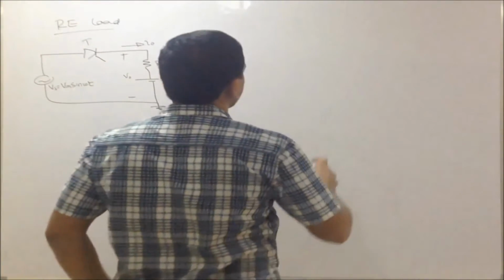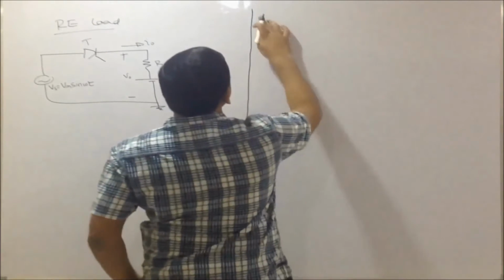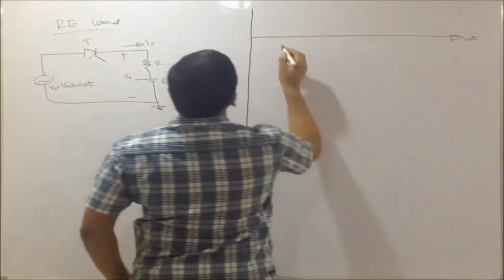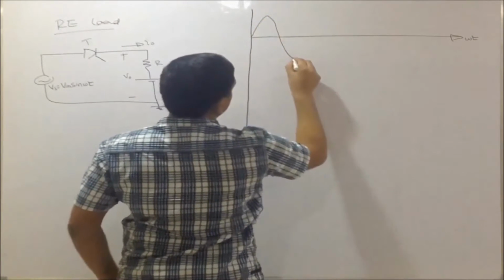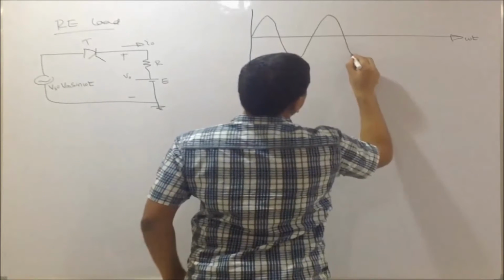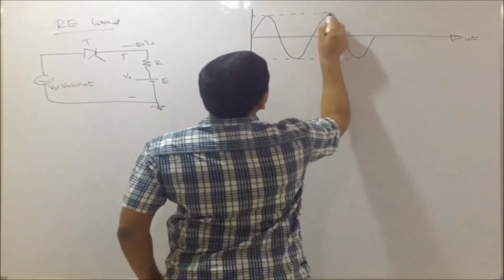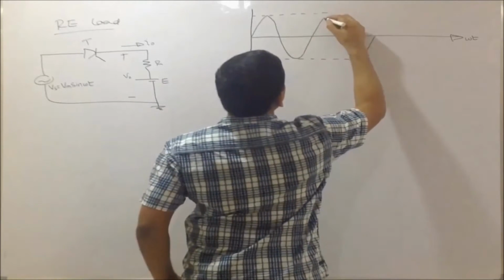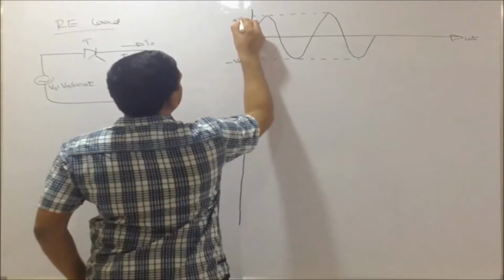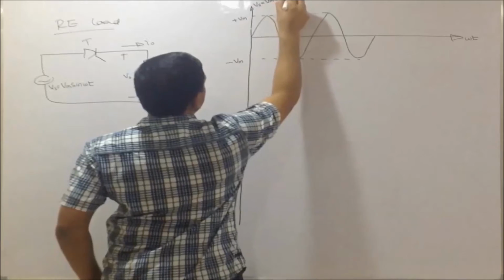Now we will see the waveforms. I am drawing the Vs. This is minus Vm, this is plus Vm, and this is Vs, the input voltage, Vm into sin omega t.